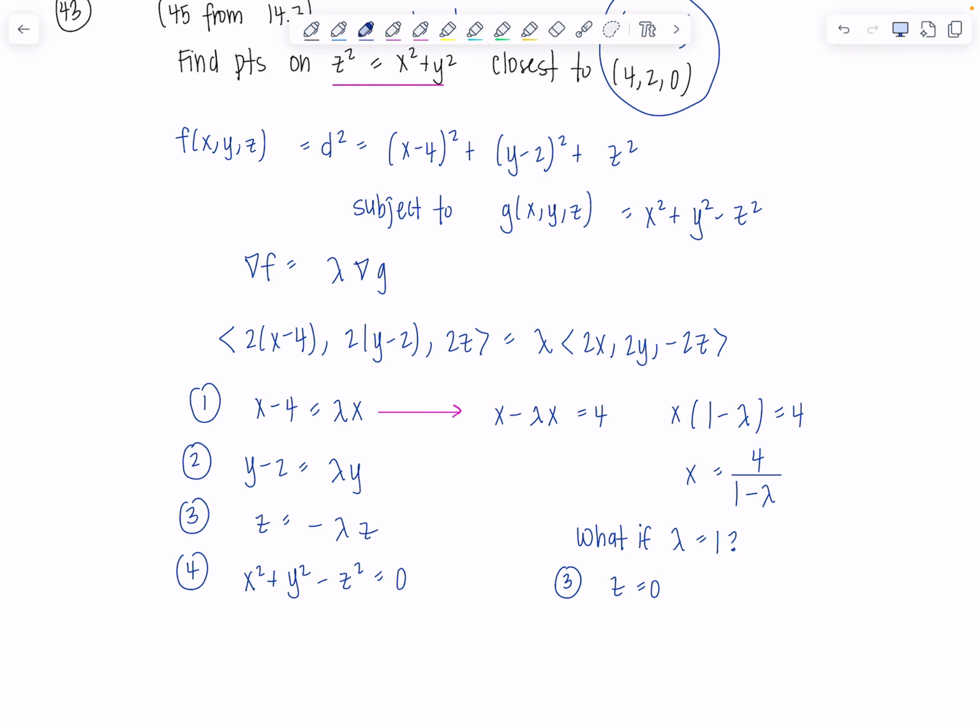And then from constraint number 4, that means x and y would have to be 0. But they can't be 0 because you'd have a contradiction in 1 and in 2. Does that make sense? So then we're good to divide by 1 minus lambda. Moral of the story, no need for panic. This is allowed.